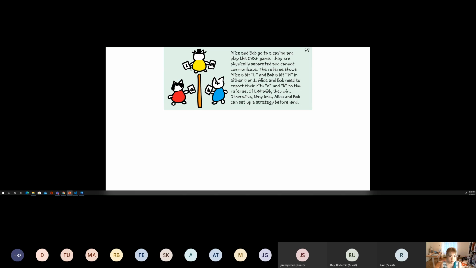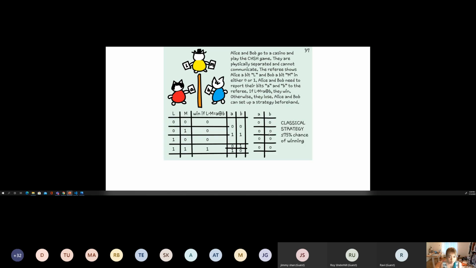So depending on the information on L and M, Alice and Bob can give a guess and output their A and B. If L times M equals A control B, then they win the game. Otherwise, it is a loss.